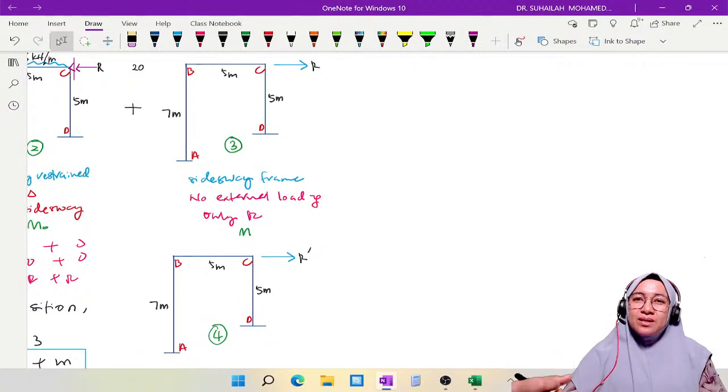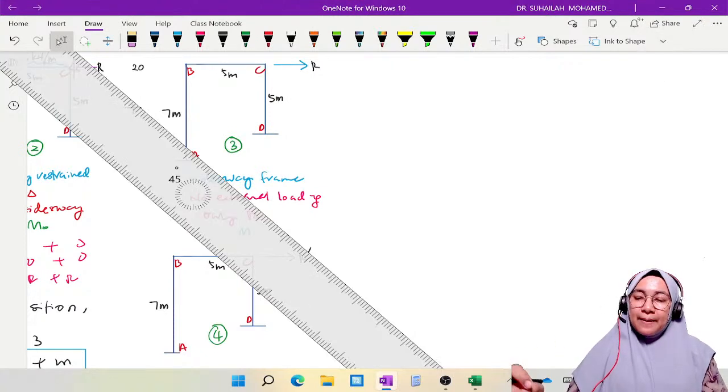It is actually the same frame, so if in diagram number 3 there is an R, in diagram number 4 it is subjected to R prime. If in diagram number 3 there is a side sway delta, then diagram number 4 also has a delta, which we label as delta prime. It is proportional.